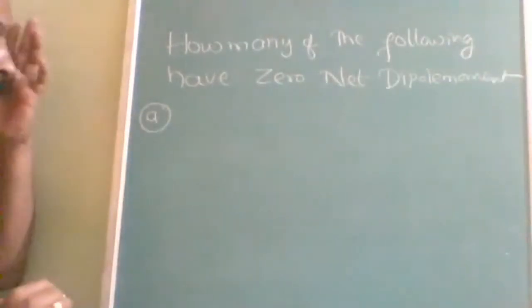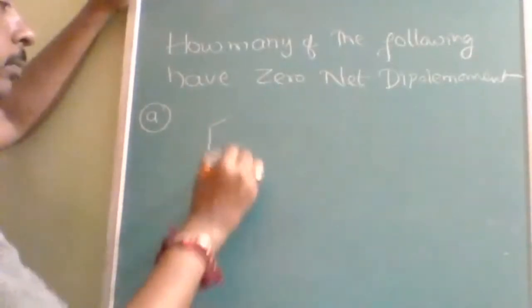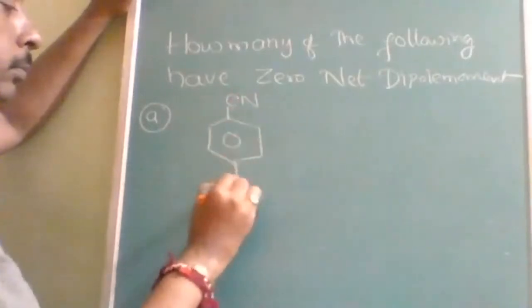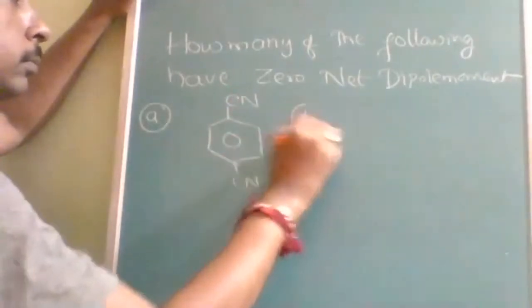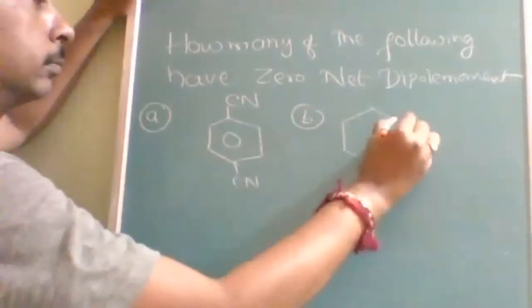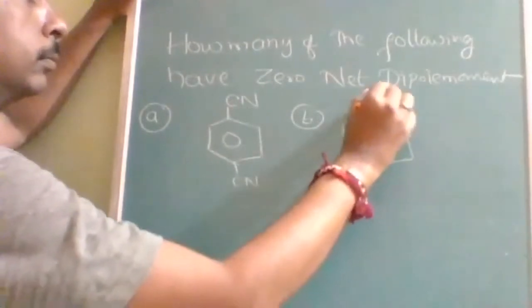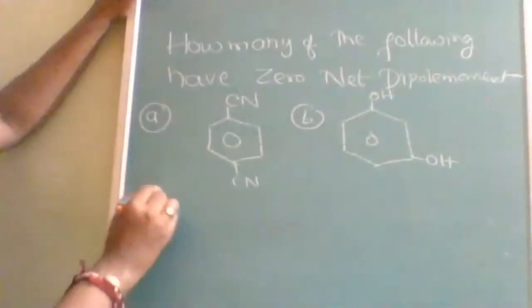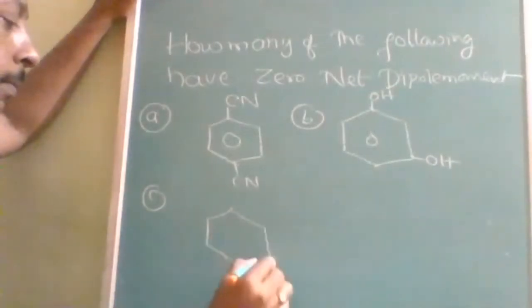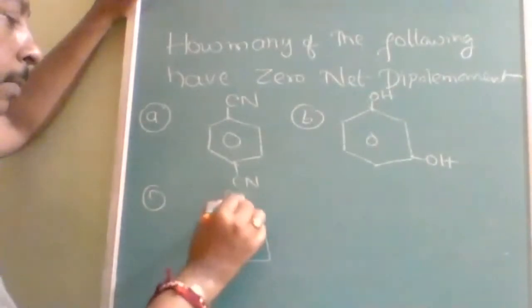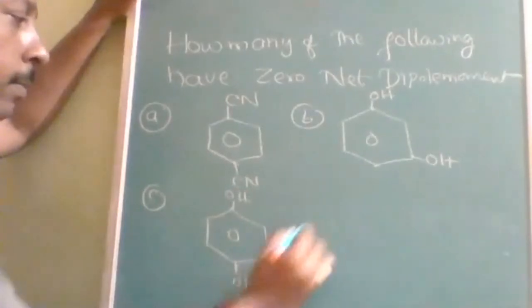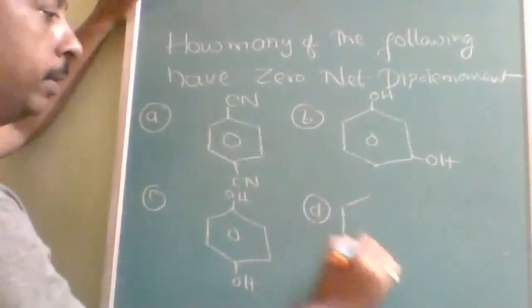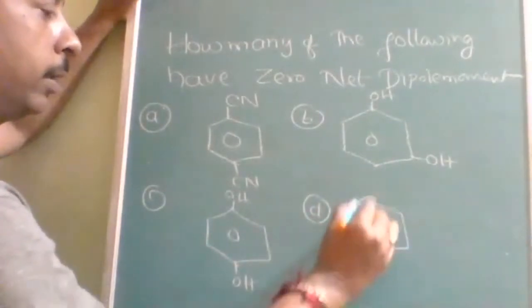Option A, and so on. You should write the number as an integer. This is a question of integer type.